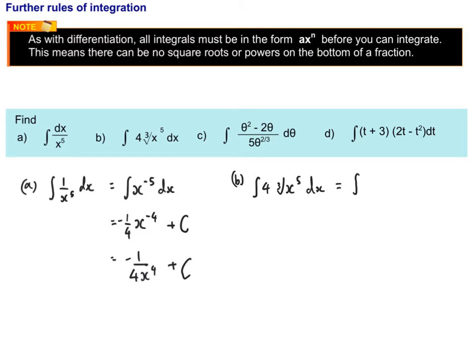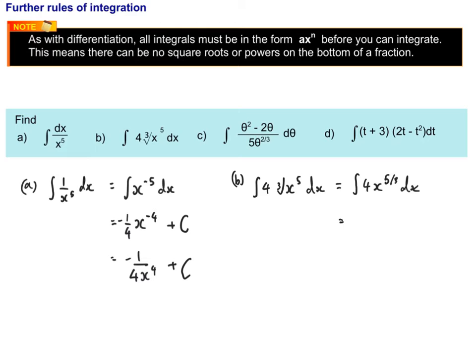So I'm going to integrate, the 4 isn't going to change. I've got x to the power of 5, and I can say this is the third root, so I'm dealing with thirds. So I've got 4x to the power of 5 thirds.